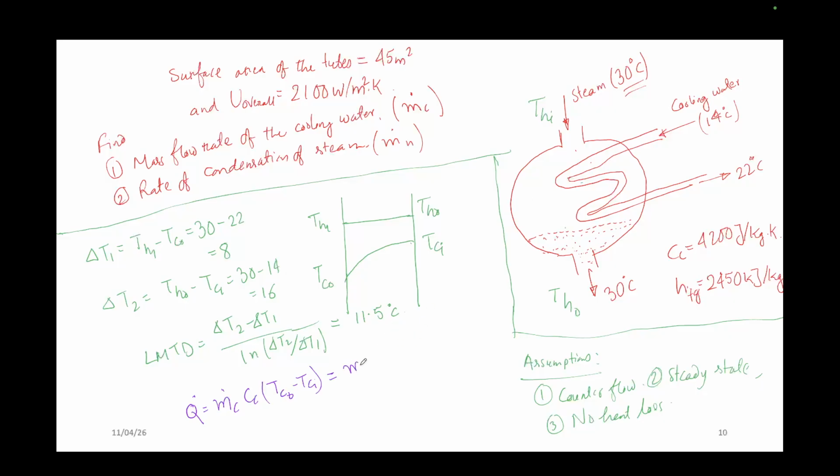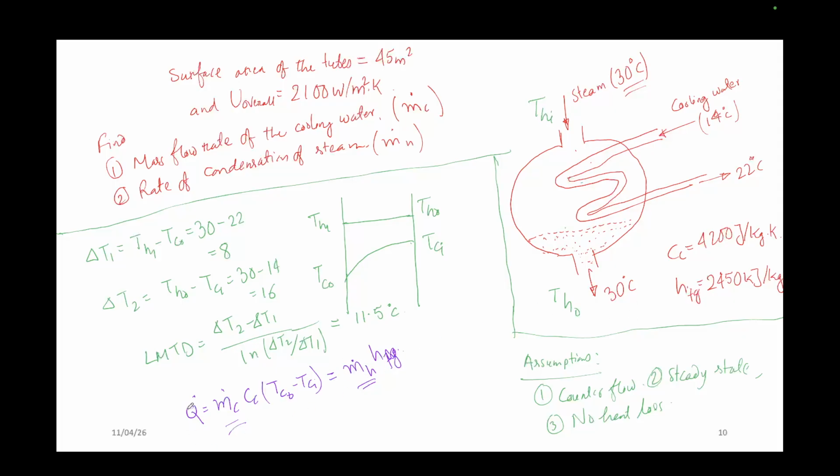So for latent heat, the heat transfer formula is m dot h LV. That is the formula you have studied, right? So all I have to find out is m dot c. And see, this value HFG is given, so you need to find m dot h.